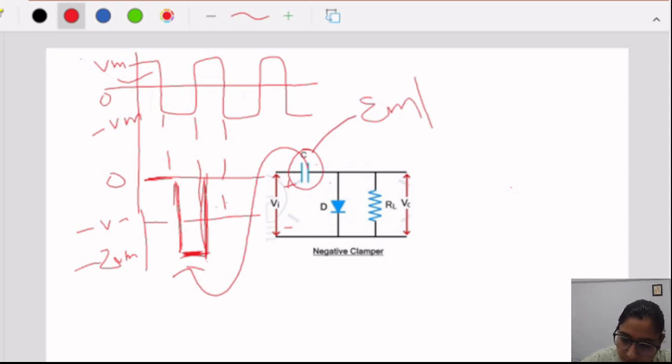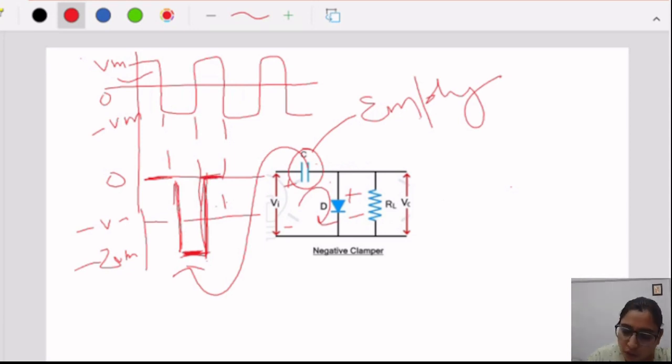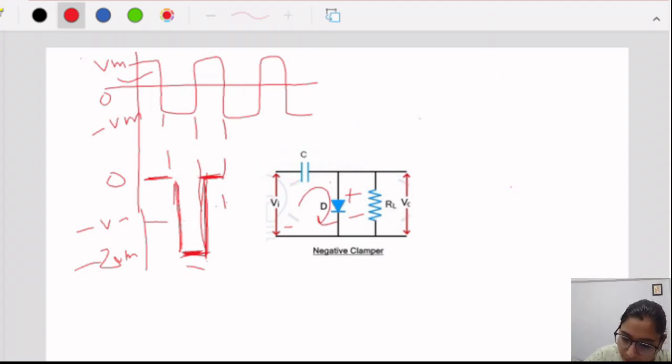Now if this capacitor is empty and the diode, due to this positive half, is working in forward bias, so this capacitor is again charged and we will get nothing at the positive half. So again the similar process. If we consider the second negative half, again this thing will happen and this will go towards 2 Vm and this will continue.